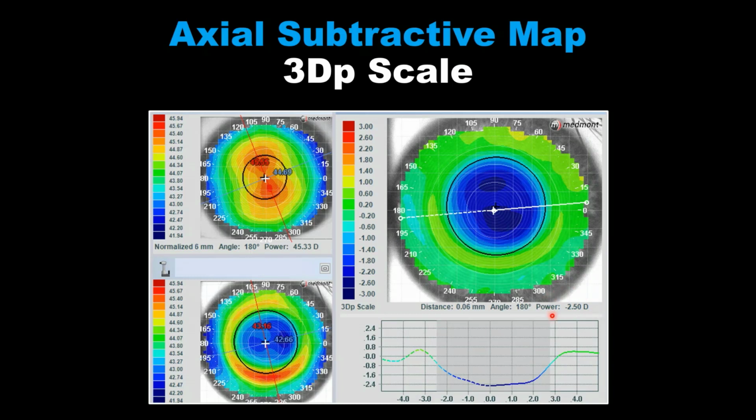We have a 2.5 diopter refractive change. So we don't have to do a refraction because the topography tells us exactly how much power has been altered to the fovea. So this subtractive map, for those of you who do orthokeratology, is a very critical piece of analysis that you want to do with all of your effects.